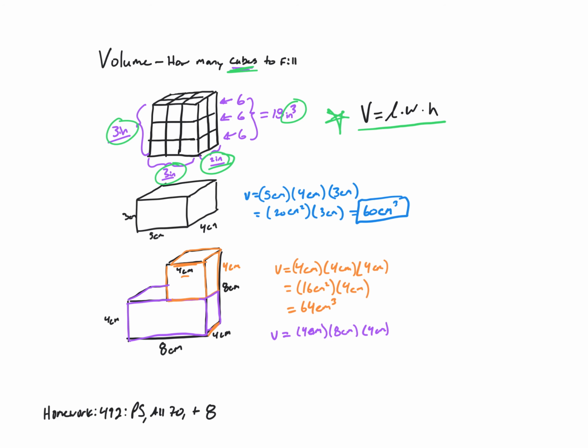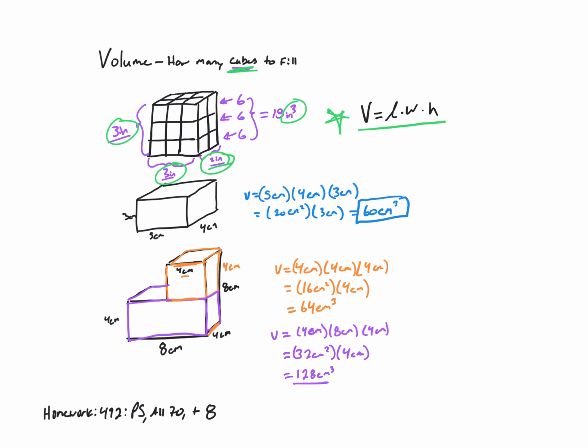Multiplying those, we end up with 32 centimeters squared for the first layer. Then multiply that by 4 centimeters, which is the height, and that's going to be 128 centimeters cubed. That's the volume of the purple part.